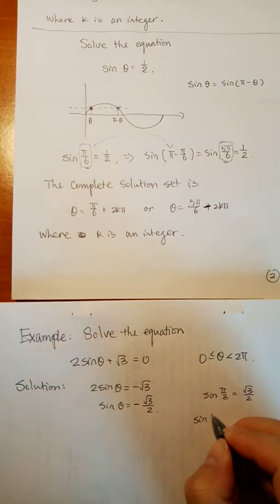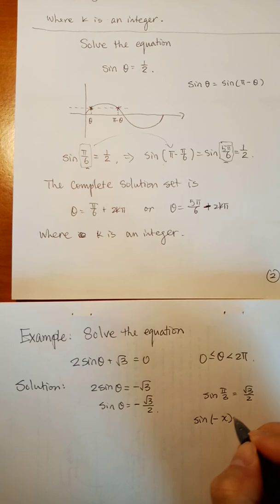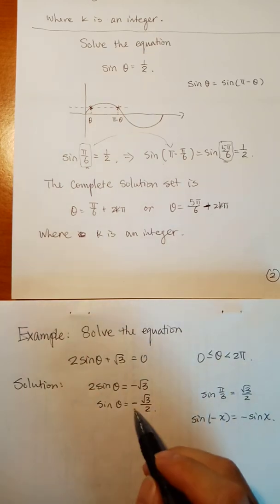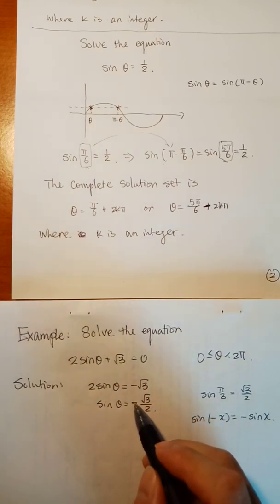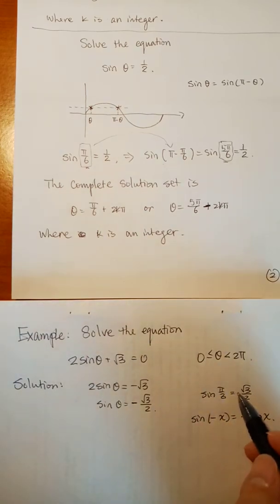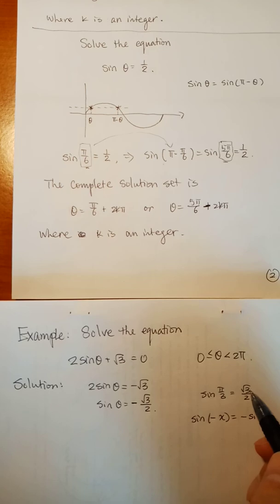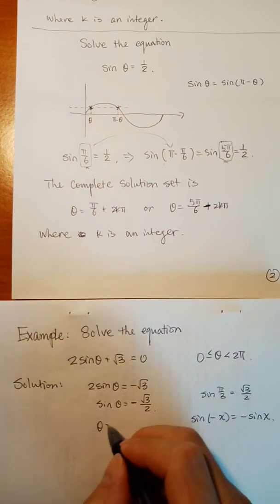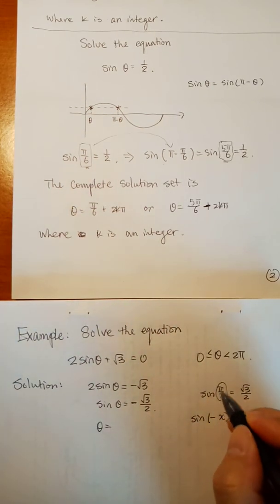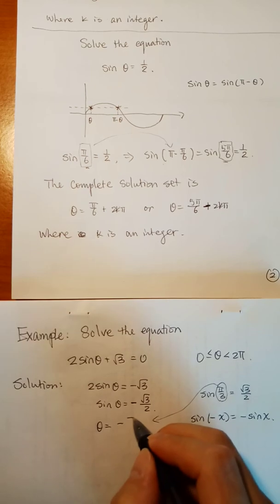We check that the sine function is an odd function. So sine of a negative angle is negative. So when you have this angle with negative value, you first find its corresponding equation with positive value. So sine pi over 3 is equal to root 3 over 2. Then theta is going to be the negative of this angle.